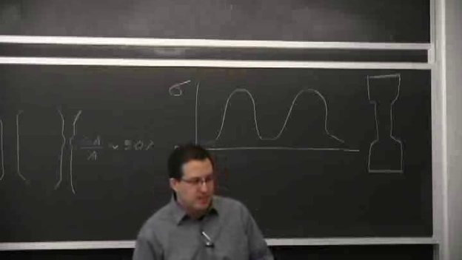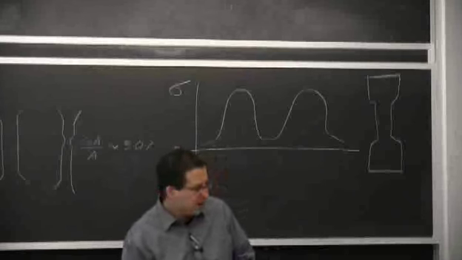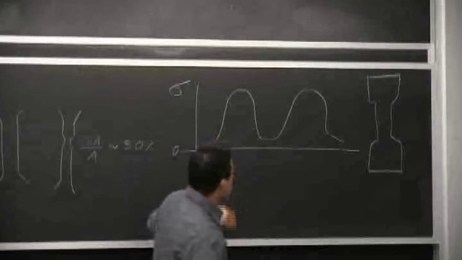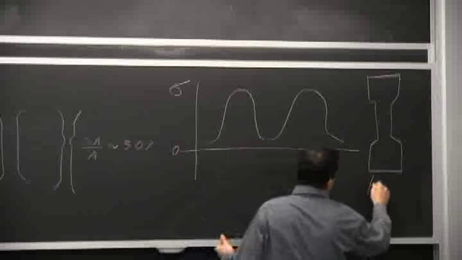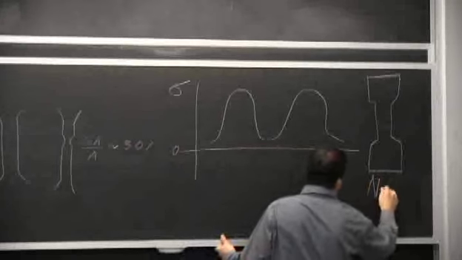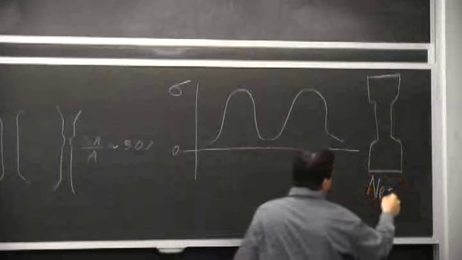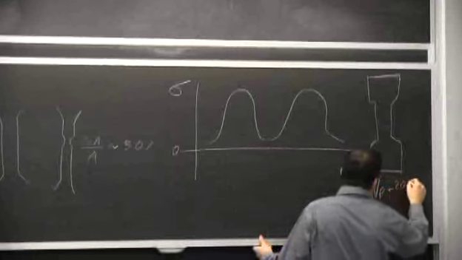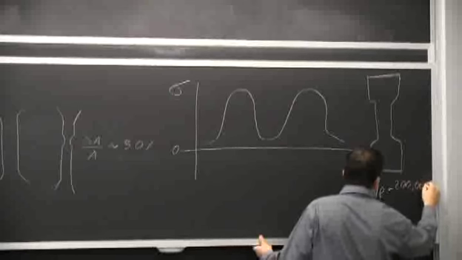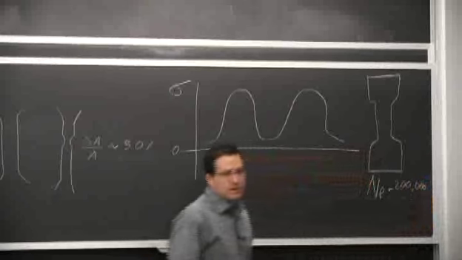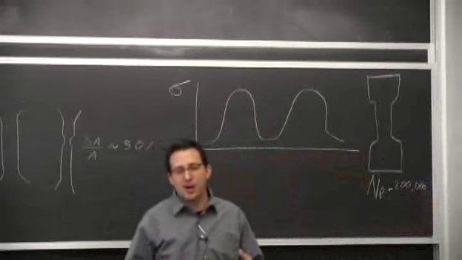So what we end up obtaining is really, for this loading, the number of cycles to failure. I call that NF. Say about 200,000 cycles for that sample. So it's a little bit of a black box.